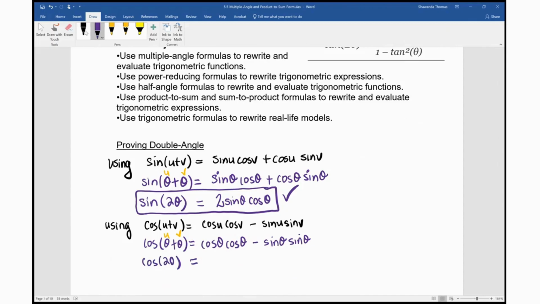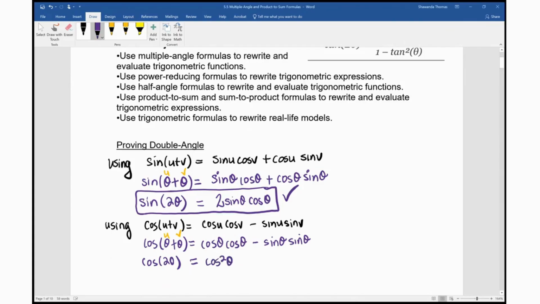What is cosine theta times cosine theta? Cosine of theta times another cosine theta. Isn't it cosine squared theta? Yes, cosine squared theta.